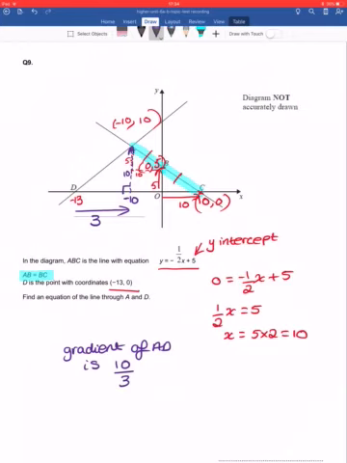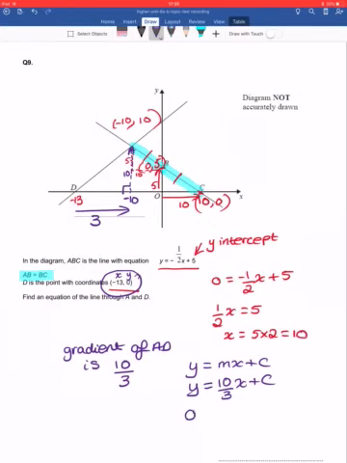Now I need to know the equation of the line. So I'm nearly there. So I put y equals mx plus c. I've just found out that the gradient's 10 over 3. And now I'm going to use one of the coordinates I know it definitely goes through. So this means when y is 0, x is minus 13.